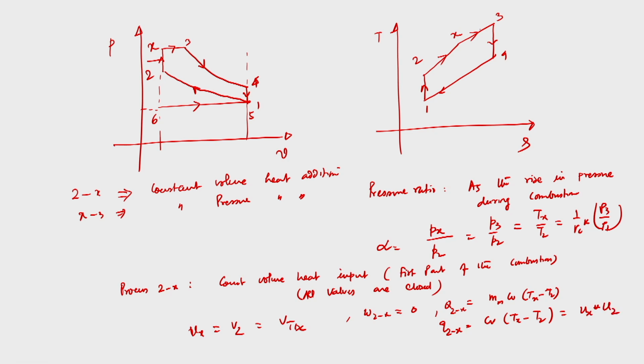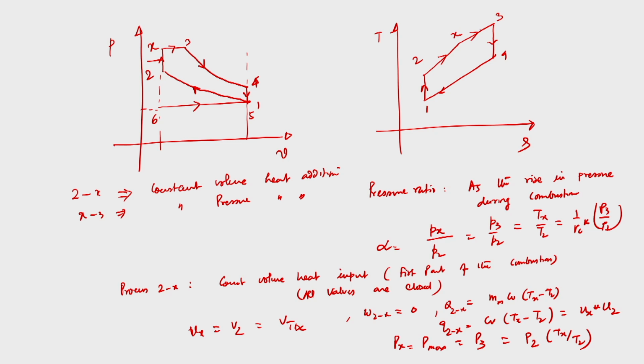And Px is the maximum pressure, Px is equal to P max is equal to P3, which is P2 into Tx by T2. That is what I have written: Px by P2 is equal to Tx by T2.